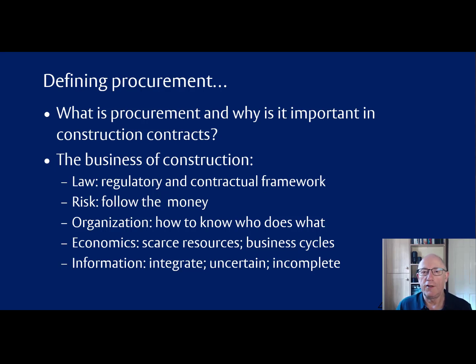But that information is always going to be uncertain because we're pulling together information not only about the present but also about the future. And one thing you can be sure of, we cannot predict the future with any degree of certainty. Therefore, all the information we have about a project is uncertain and subject to change.